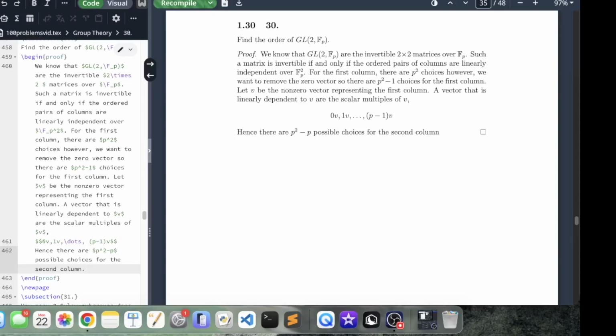Okay, now probability. Therefore, we just multiply the possible choices for the first column by the possible choices for the second column.